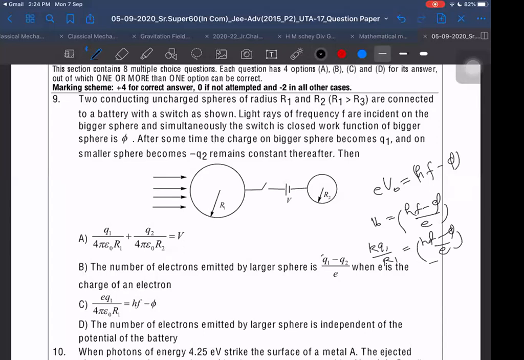So Q1 is equal to (hf minus phi) upon e into R1 upon K. I'm assuming the distance between them is very large as compared to R1 and R2, so its potential on this I'm not taking. Otherwise, this will become more complicated. I just want to analyze what happens when the distance is large. Then Q1 becomes this.